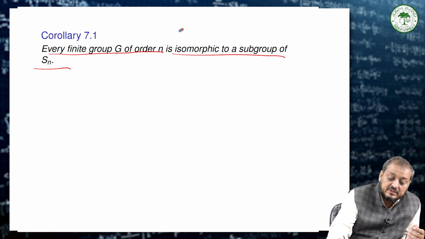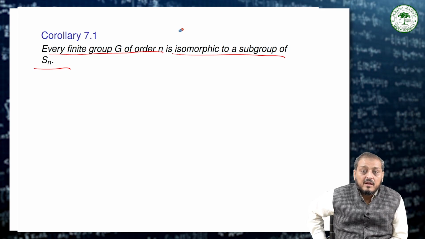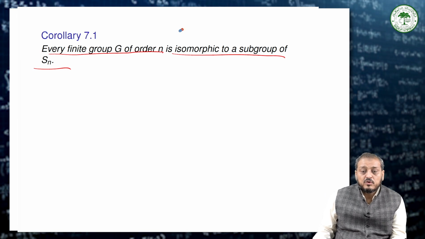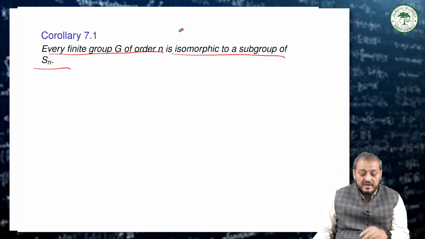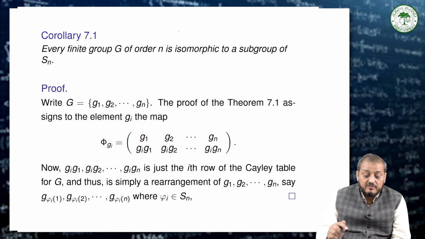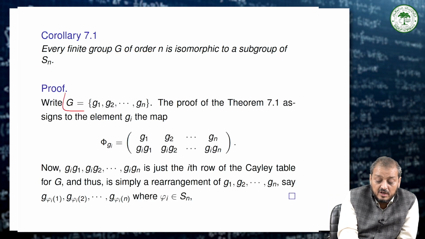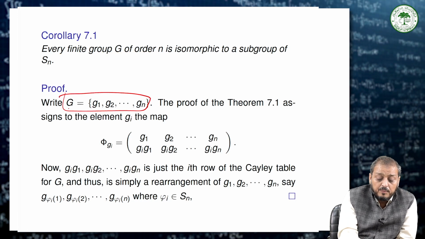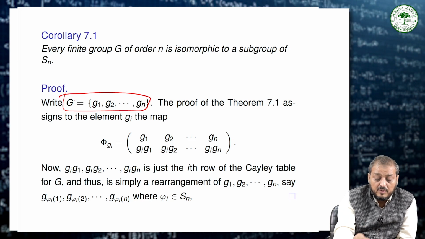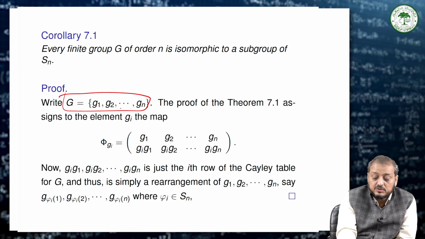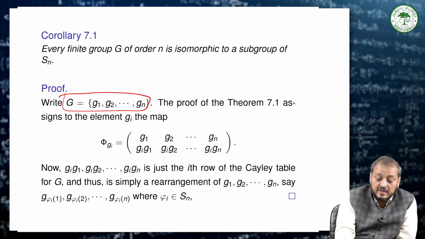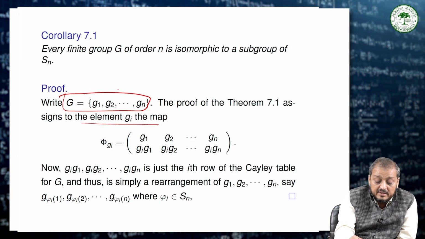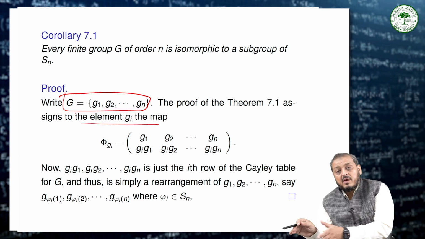First, let's try to prove this corollary, which says that every finite group G of order n is isomorphic to a subgroup of Sn. Let G be a finite group with elements G1, G2, up to Gn. Then Cayley's theorem says that assigning to each element Gi a map is isomorphic to some permutation group.